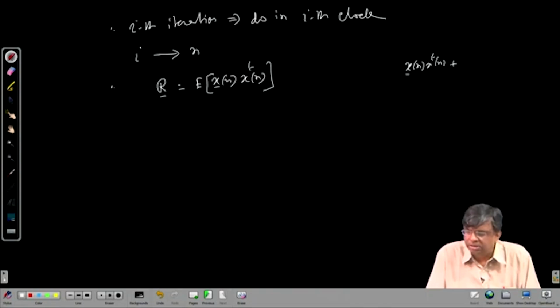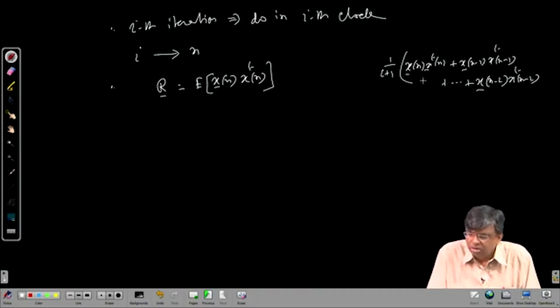Then take another case, maybe x n minus 1 vector, vector transpose, another matrix, and so on, maybe you take many cases up to n minus L, and average them. How many cases do I have? L plus 1, 0, 1, 2 up to L plus 1.